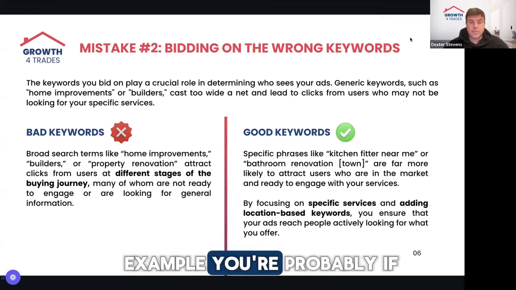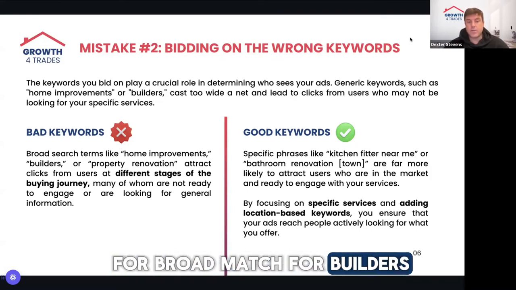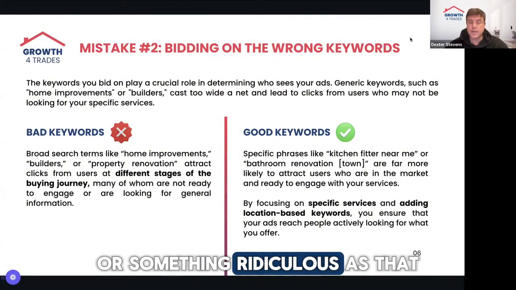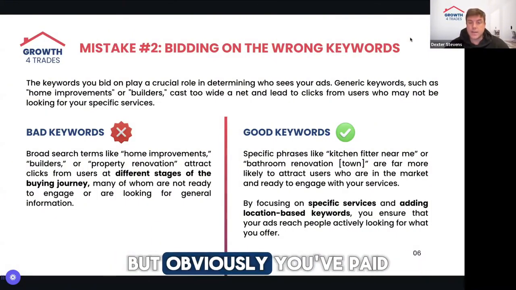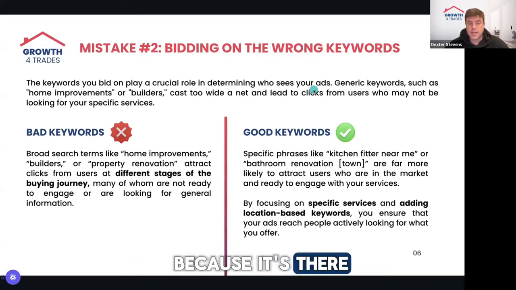As an example, if you were bidding broad match for "builders", you'd probably come up for "builder sandcastle" or something ridiculous like that. But you've paid for that from Google. Google doesn't mind because they're getting the money at the end of the day.